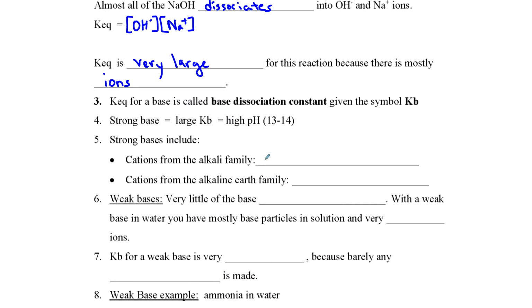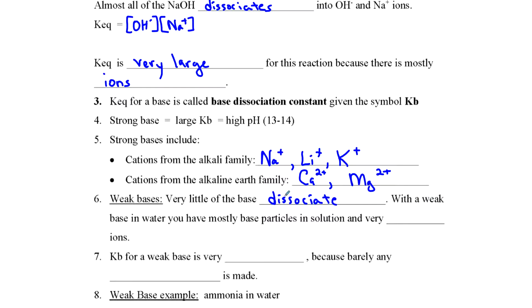Strong bases include anything with cations from the alkali metals family, so sodium, lithium, and potassium ions in particular, and also from the alkaline earth family, calcium and magnesium in particular. When those combine with a negative ion or with an OH negative ion, you end up getting a strong base. Weak bases, on the other hand, just like weak acids, very little of the base will dissociate.